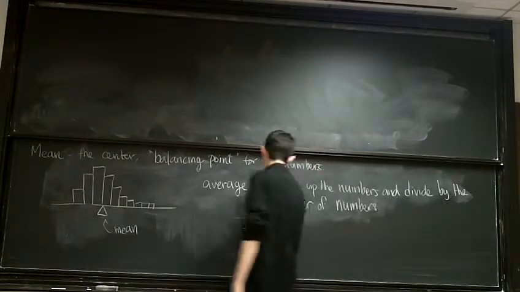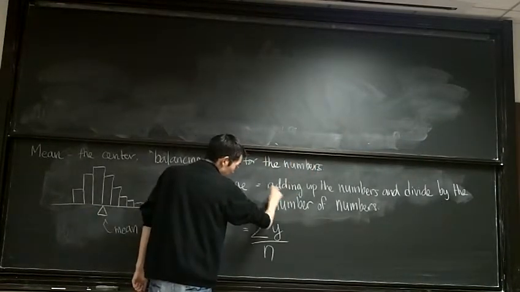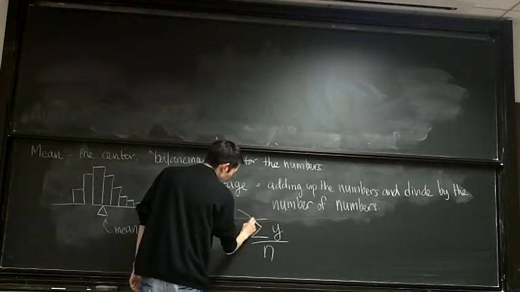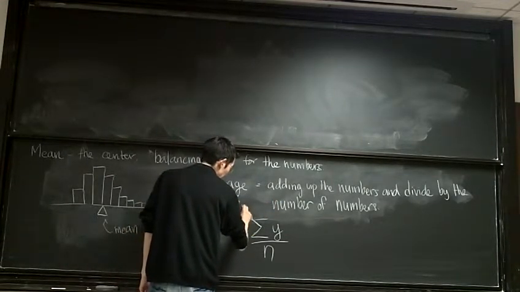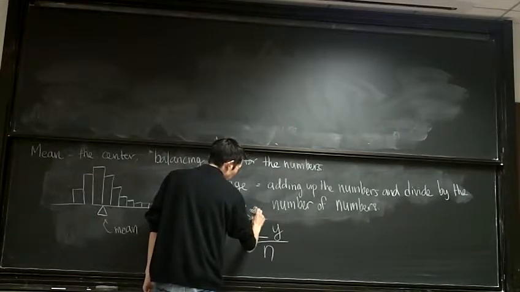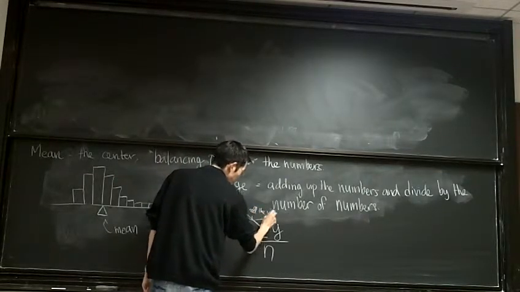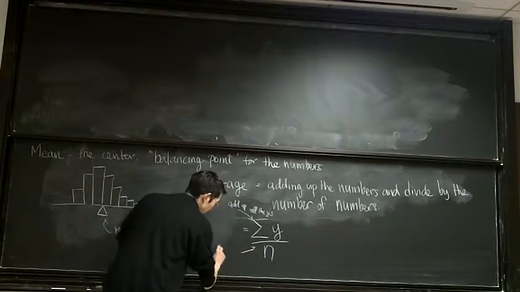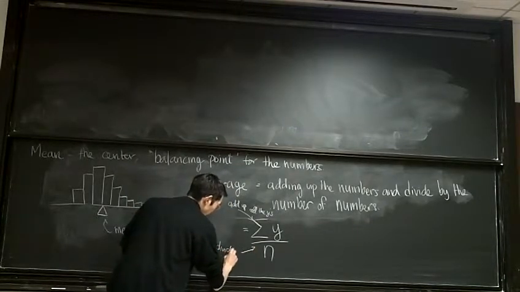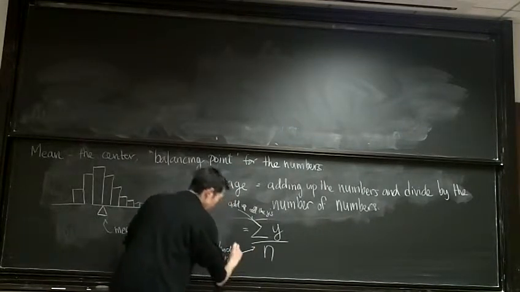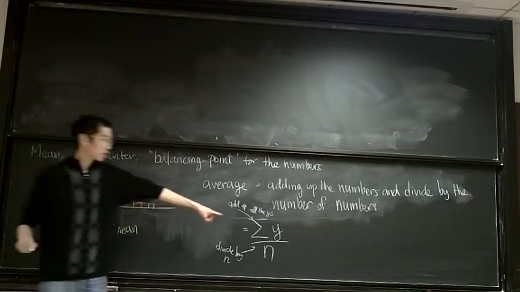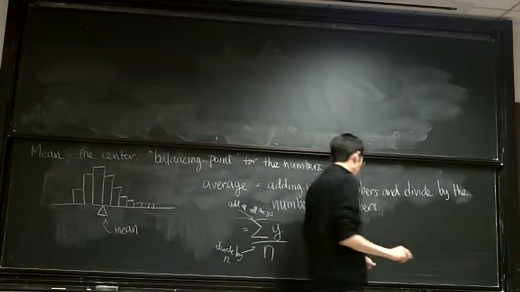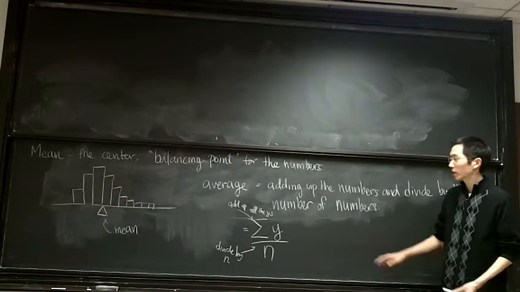This symbol means add up all the y's, and this says divide by n. And that's the mean.